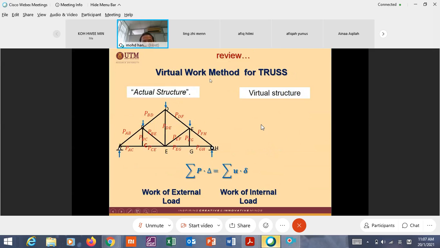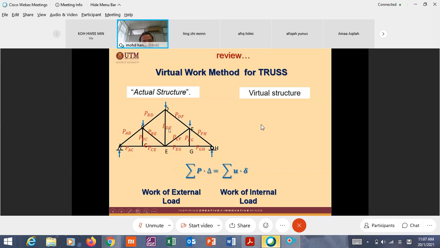You remember when we did the virtual work method for truss, we split into each member. If there are, for example, 10 members, then we sum the internal work done on each member, and then total it up and compare with the work of the external virtual load.